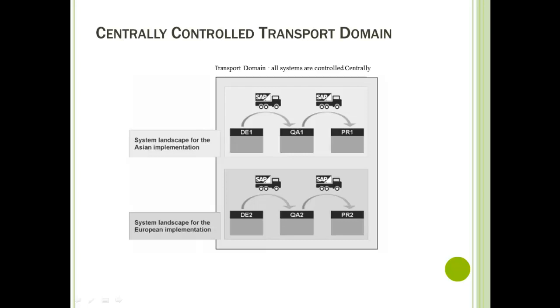For example, you may have a lot of customizing activity as well as development objects, which means the ABAP programs created can be quite a lot, and you need to transport each and every change to your QA testing system. Then you need to approve these changes to the productive landscape.